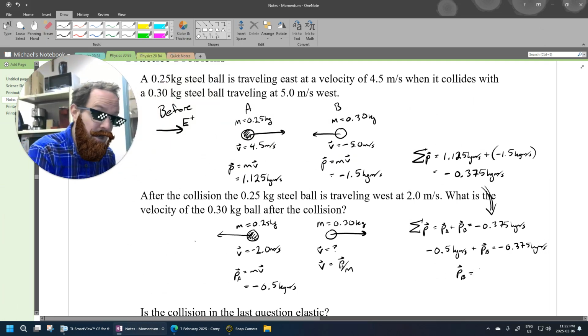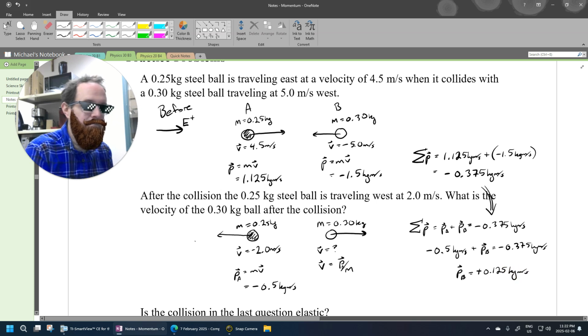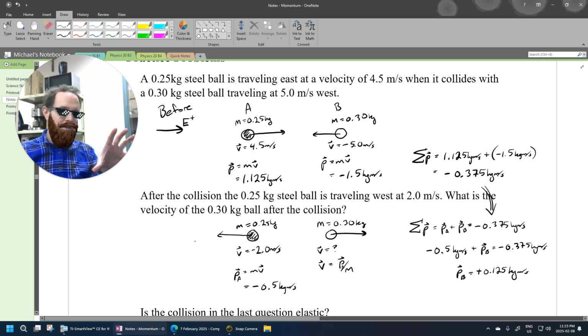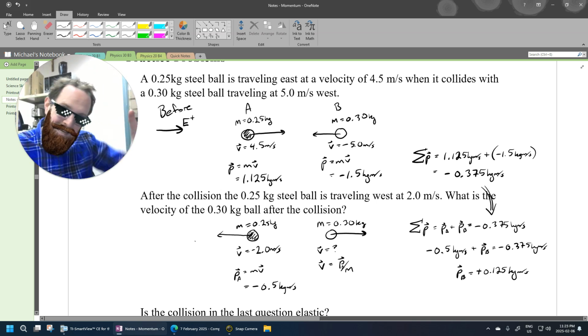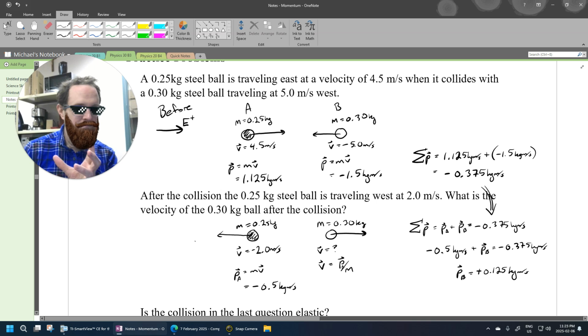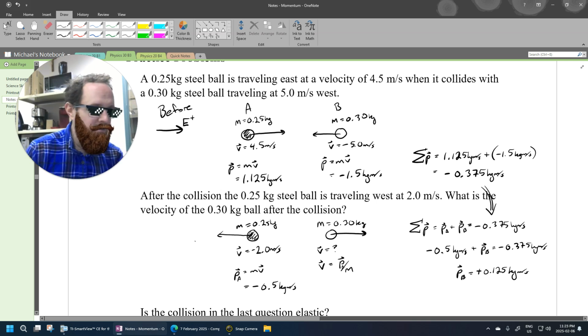We got a positive, because I'm adding over that number, it's bigger, 0.125 kilogram meters per second. Okay, so now we know the momentum of B, because this conservation of momentum helped us find it. Then I can take that over to object B there, the 0.3 kilogram mass, and I can put that into this velocity equation, right?